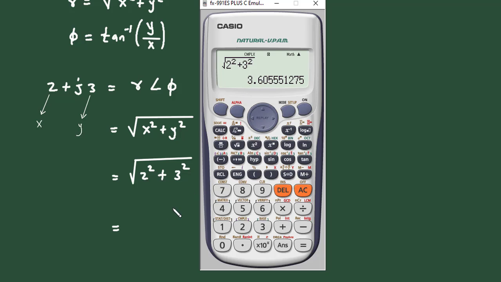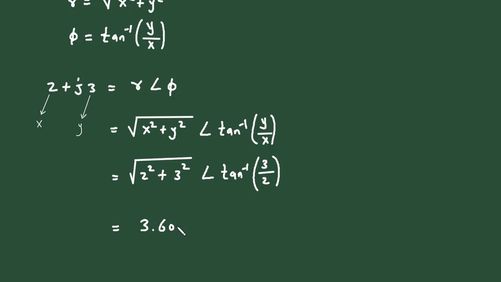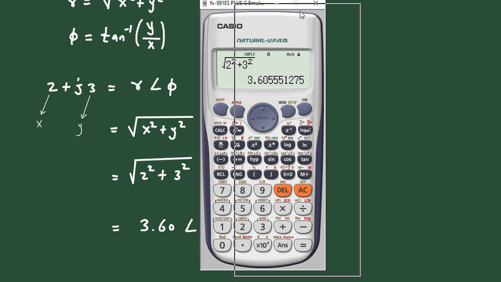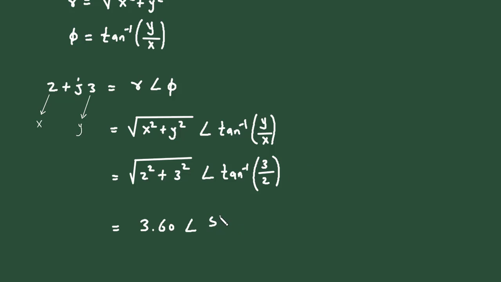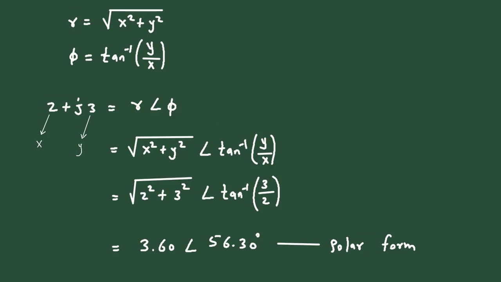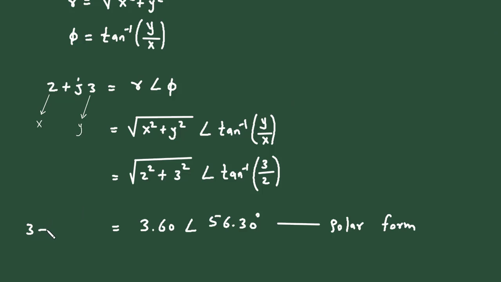So it is 3.60 at an angle tan inverse of 3 by 2, 56.30 degree. Now this is in polar form. So 2 plus j3 is equal to this value.